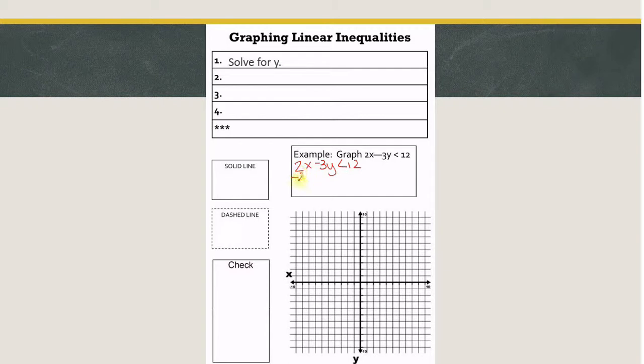To do that, I'm going to subtract 2x. -3y is less than -2x plus 12. Looks like I need to divide by -3. But now, do you remember something that we had to do when we divided by a negative when we did inequalities?